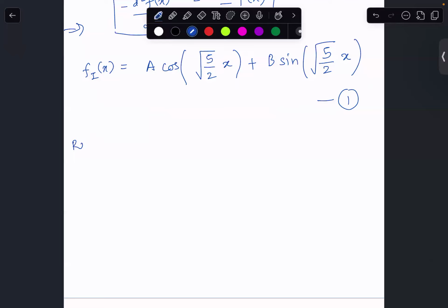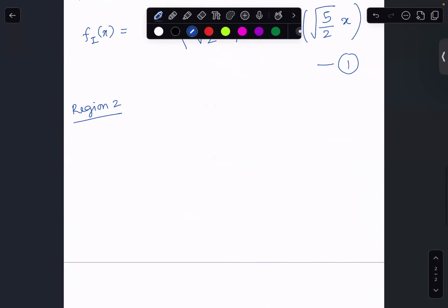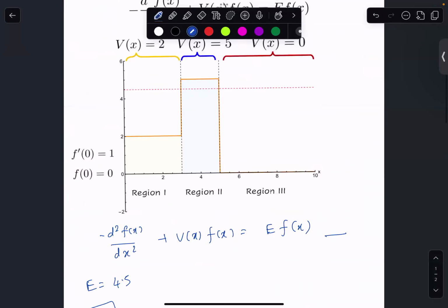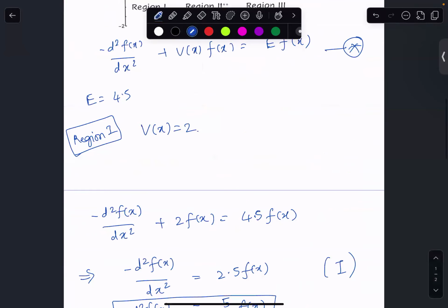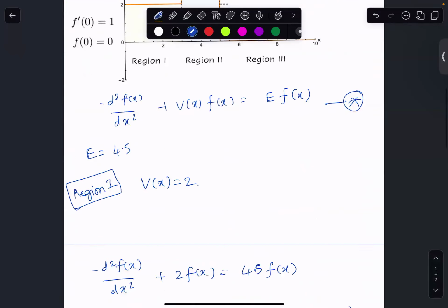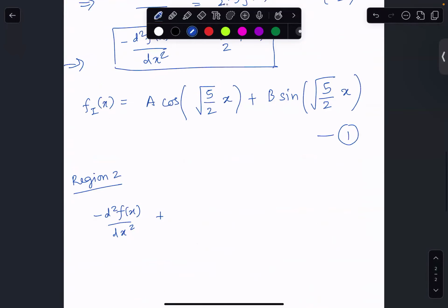In region 2, we have V of x given to us as 5. So we substitute that back in this master equation. Let me call the master equation equation star. So minus d squared f of x upon dx squared plus V of x, which is 5 f of x, equals 4.5 f of x.